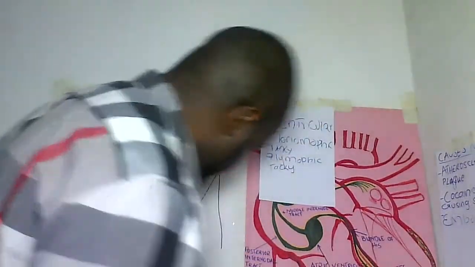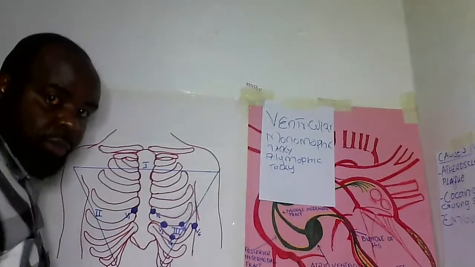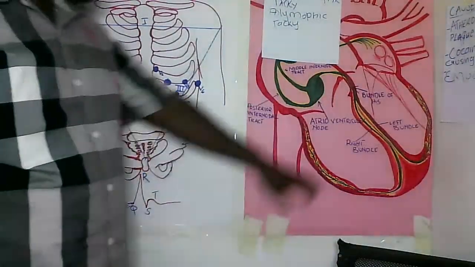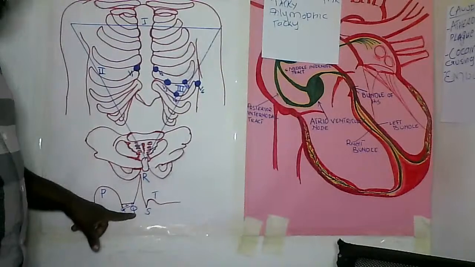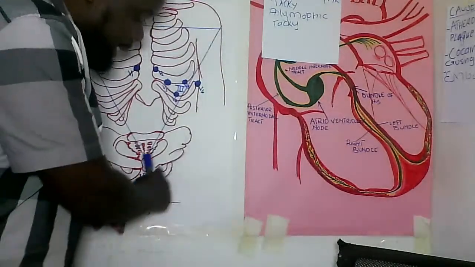You see this ST elevation. Let me show you this ST. So the ventricles are beating so fast, they have a problem, and when you check an echocardiogram, the ST is elevated.